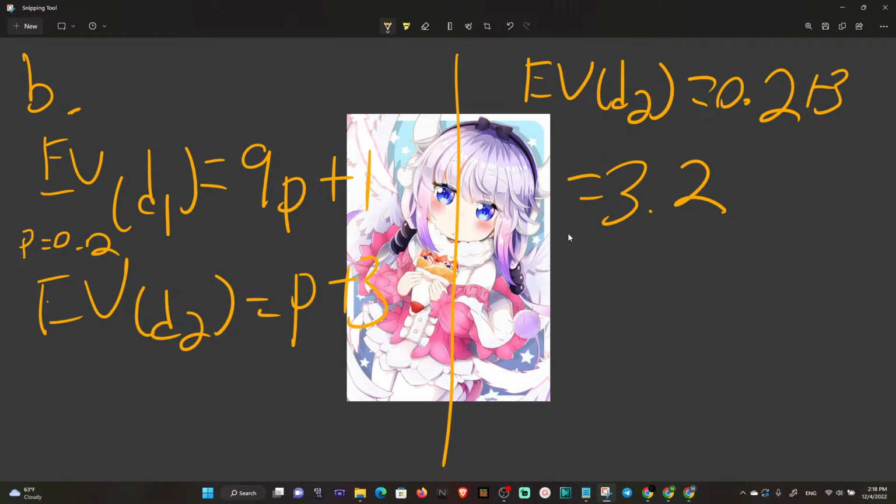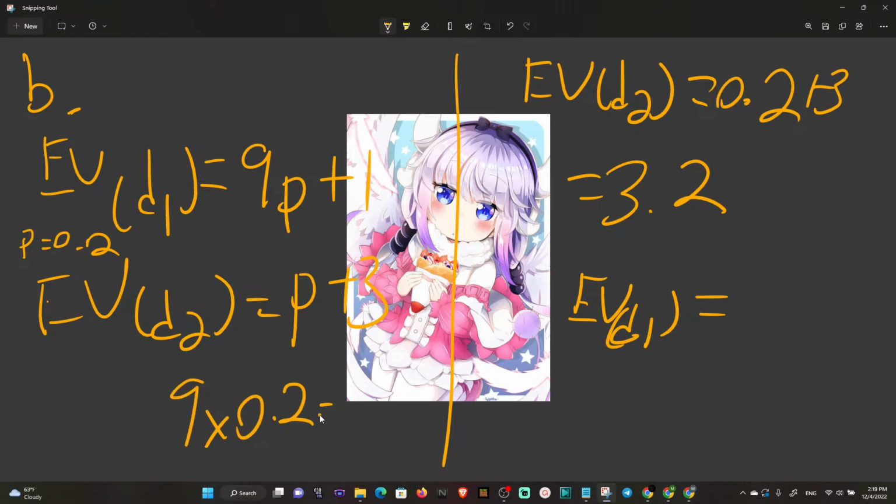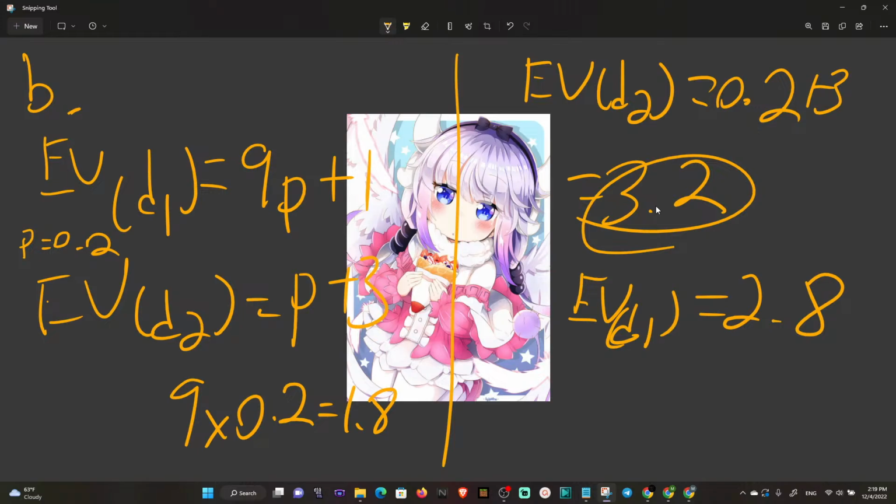The 3 is from the question, from when we solved for A. Let's look at EV of D1 really quickly, just to show off a difference. 9 times 0.2. Let me get my calculator. 1.8, I believe. Yep. Plus 1, it'll give us 2.8. Therefore, we pick D2. 3.2 is bigger than 2.8. And that is how you solve that one.